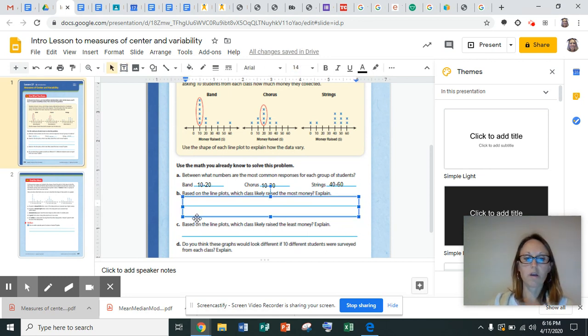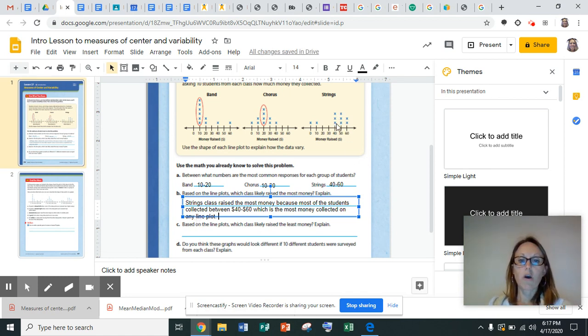All right, so based on the, I'm going to say strings class raised the most money because most of the students collected between $40 to $60, which is the most money collected on any line plot.